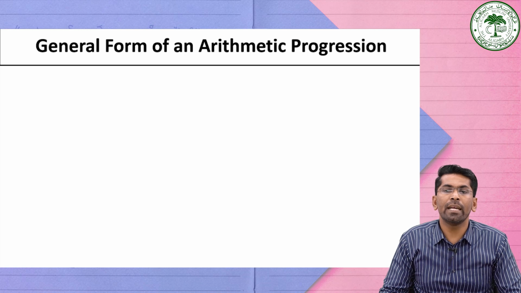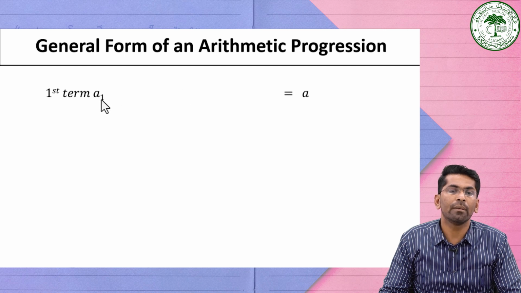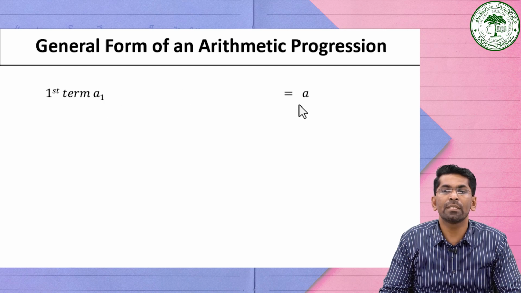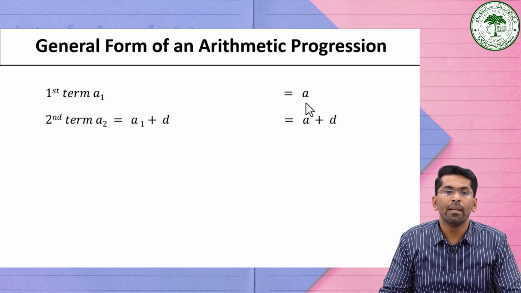Now let us consider the general form of an arithmetic progression. If the first term is represented by a1, which we are saying is a, then the second term is obtained by adding the common difference to the first term, that is a1 plus d, which is equivalent to a plus d.